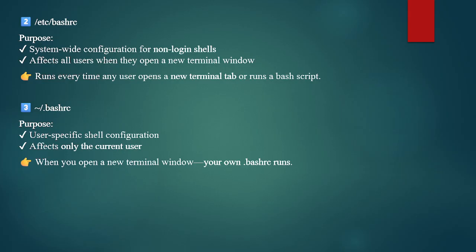It runs every time for any user. ~/.bashrc affects only the current user. Means for the current user, you can set your bashrc commands in the ~/.bashrc file. When you open a new terminal window, your own .bashrc runs.